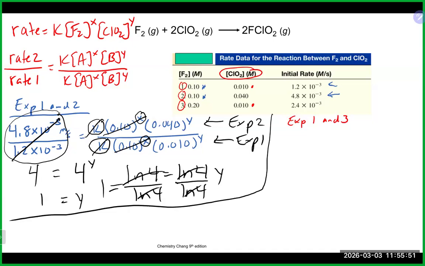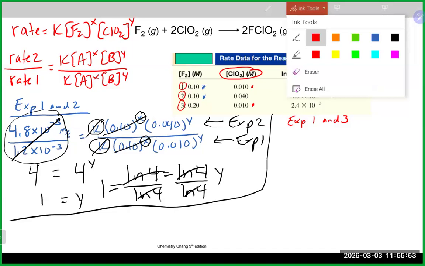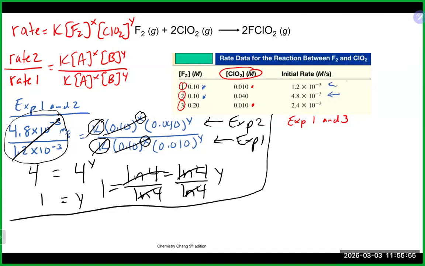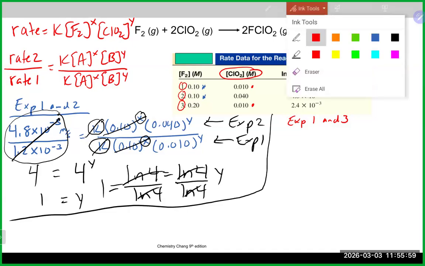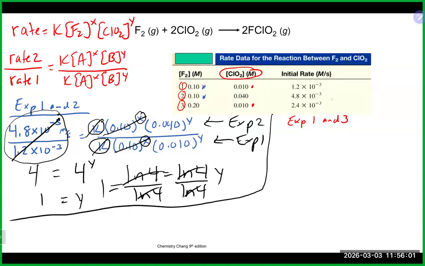And we're going to do the same deal. I'm going to look at experiment 1 and 3 and, to be honest with you, just choose whichever one has the larger rate. Just looking at that, it looks like experiment 3 has the larger rate. So, to get whole numbers, I'm going to put everything for experiment 3 up on top. Experiment 1's information is going to go on the bottom.